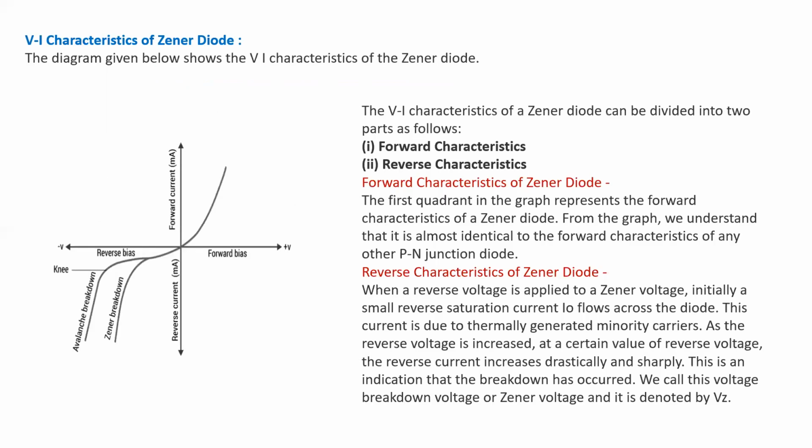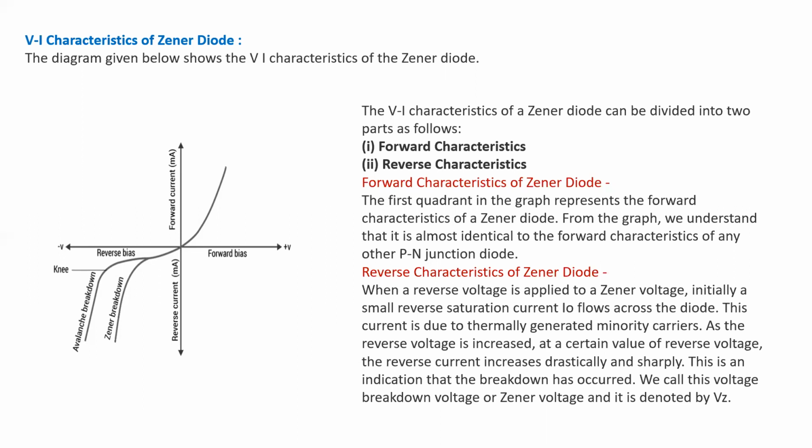Now let us see the waveforms or the VI characteristics of Zener diode. Basically, it is going to operate in two ways. First is forward characteristics and the second is reverse characteristics. In forward characteristics, as we know, the anode of the diode is connected to the positive of the battery and the cathode of the diode is connected to the negative of the battery.